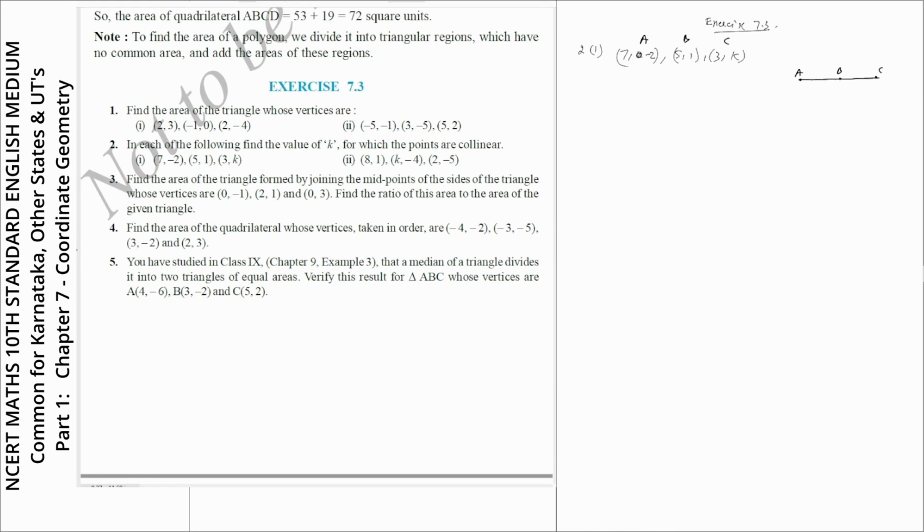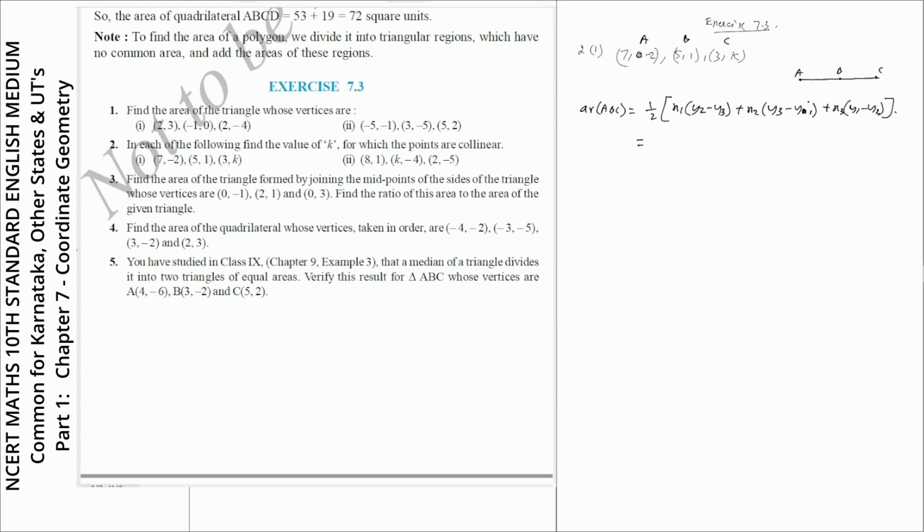So if they lie on the same straight line, the area formed by this triangle ABC is 0. So now area of triangle ABC is given by, first write the formula, 1 by 2 into x1 into y2 minus y3 plus x2 into y3 minus y1 plus x3 into y1 minus y2. This is the formula.